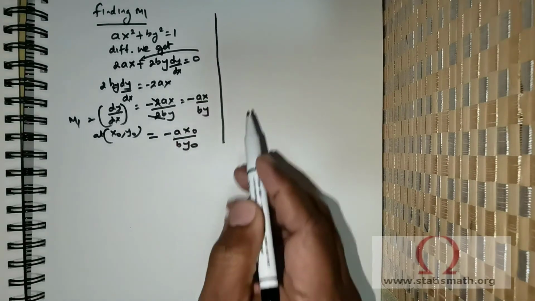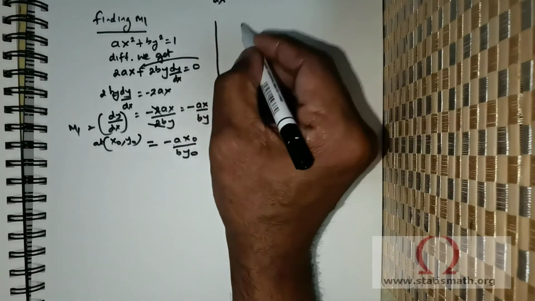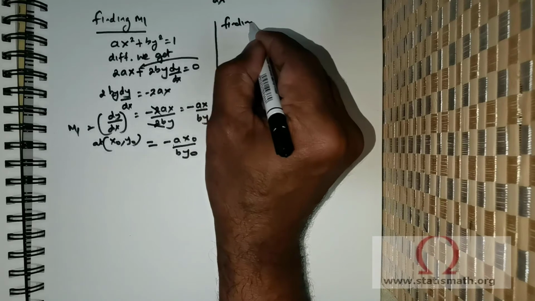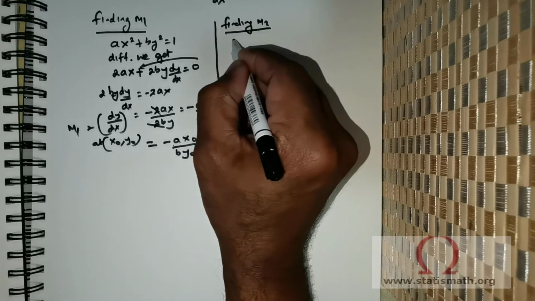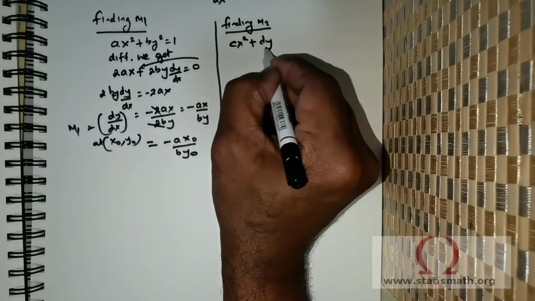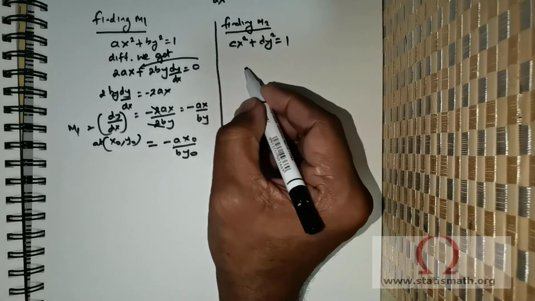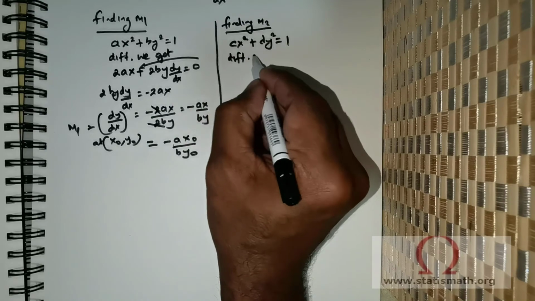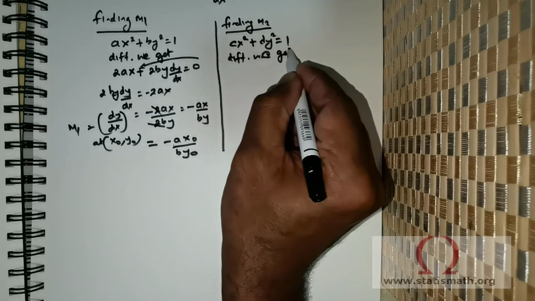Now let's move on to the next one. This is for finding m2. We are given that cx² + dy² = 1. Differentiating, what do we get?